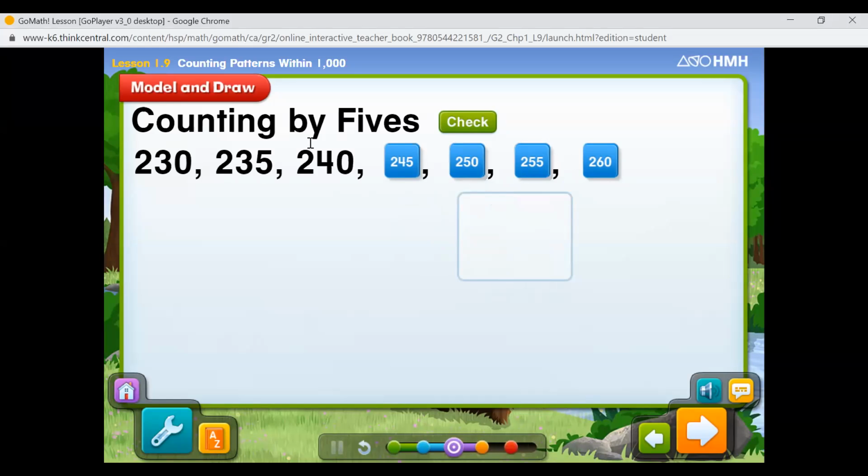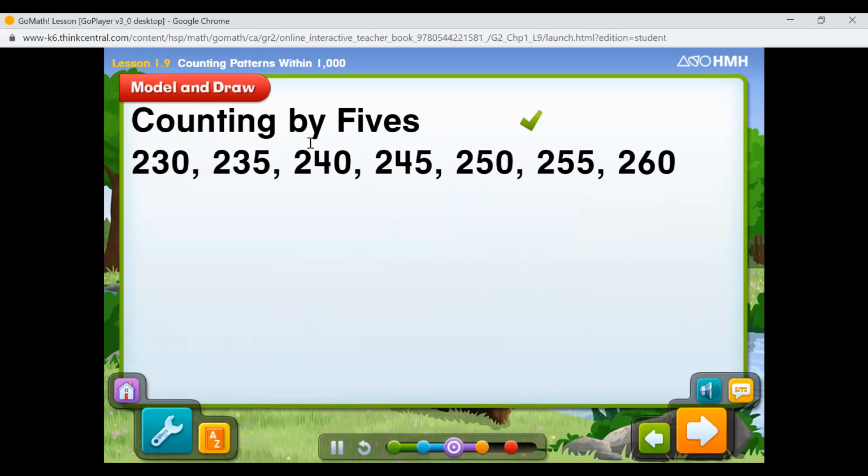Let's check that. You're right! The order for counting by fives is 230, 235, 240, 245, 250, 255, 260.